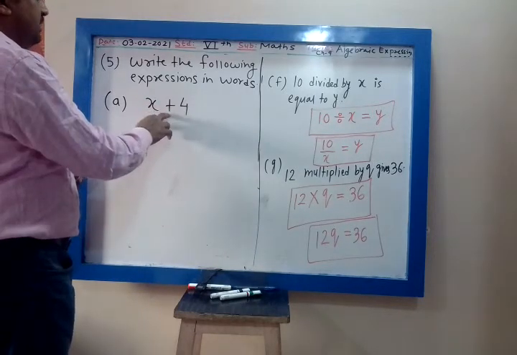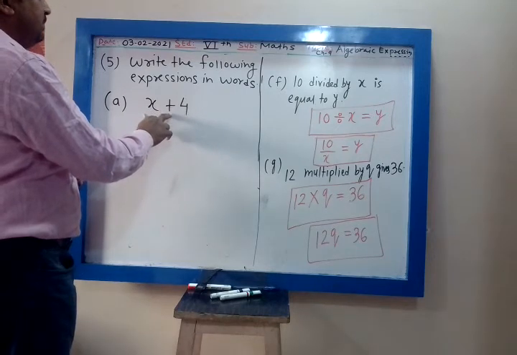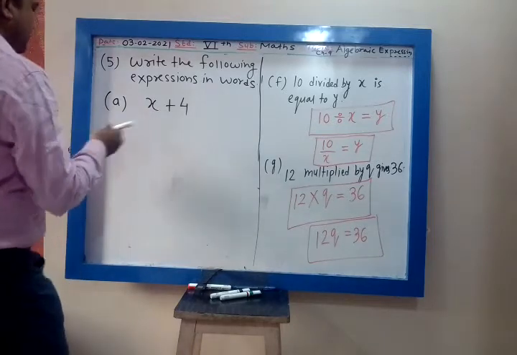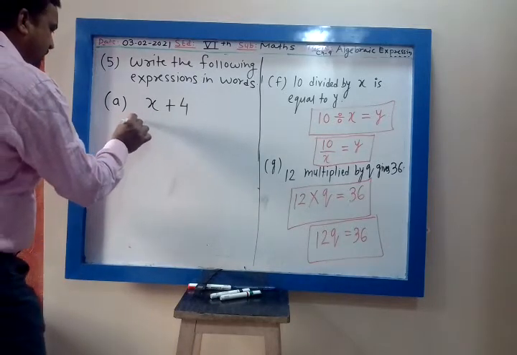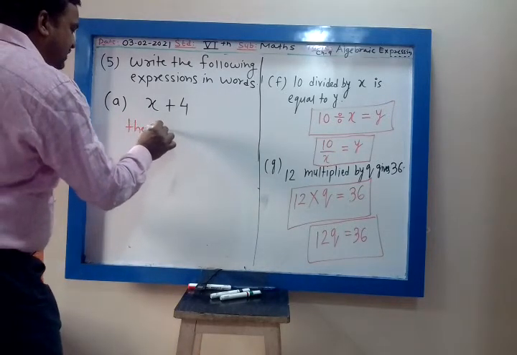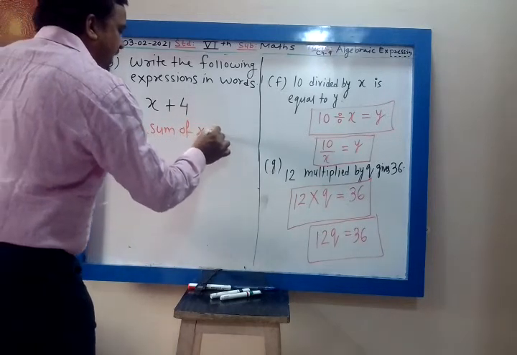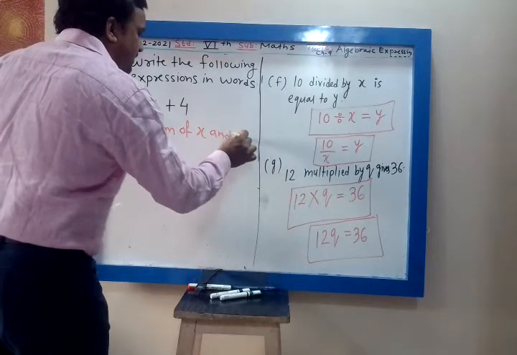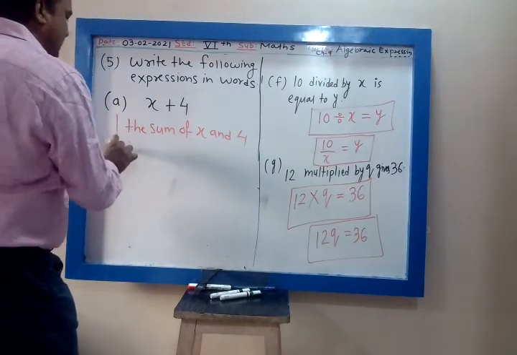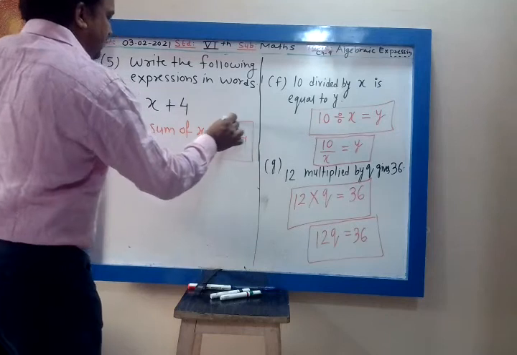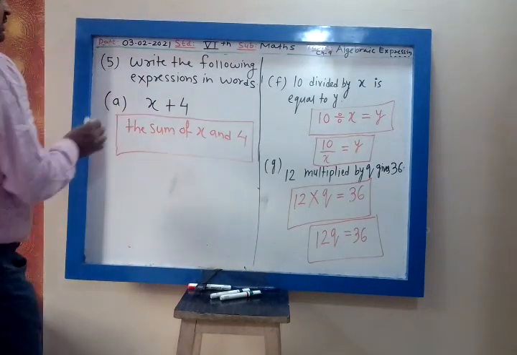Sum of which two numbers? Plus means sum. Sum of x and 4. So we write, the sum of x and 4. This is the statement.